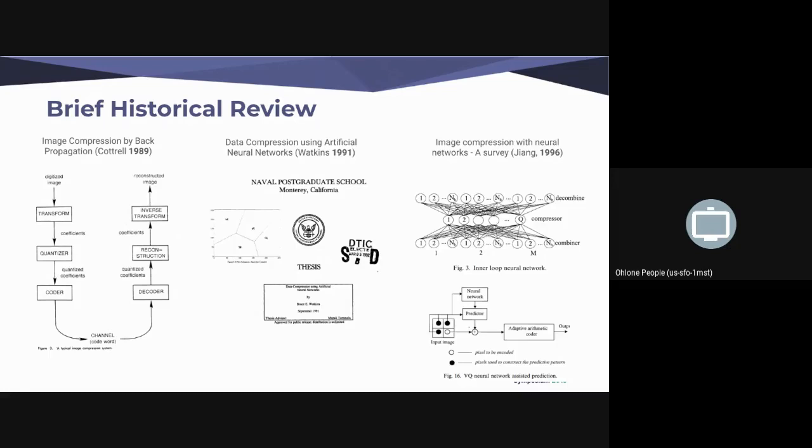And in fact, this paper from 1989, the one on the left of the screen, has a structure which is very interesting, because the way they proposed to implement it was to have an image transform, quantizer, some kind of arithmetic coder, which would essentially do the compression. We would have a decoder and a reconstruction and some inverse transform.